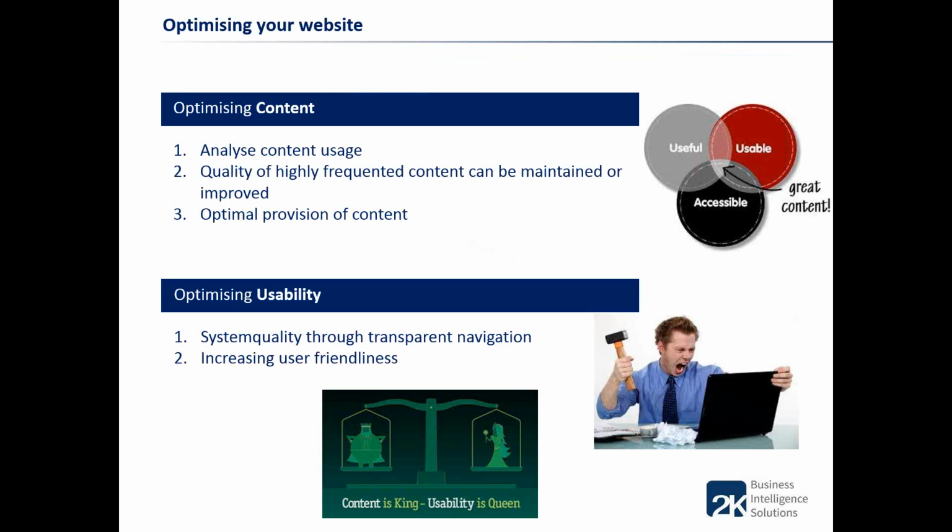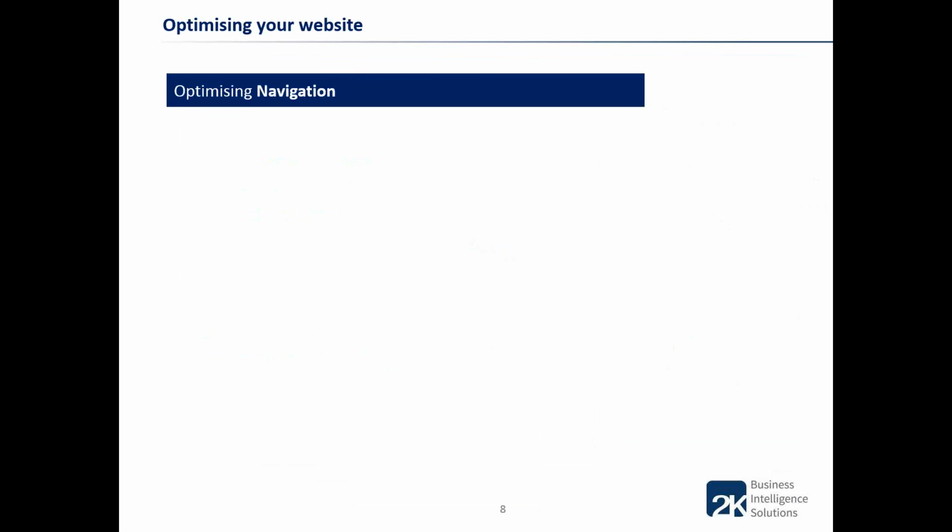Obviously content, you can overdo it on the content side, basically. So again, the idea of analytics and web analytics is obviously to get the data, analyze all of this, and then to make it transparent where your strong points are and where your weak points are that you can work on and improve.